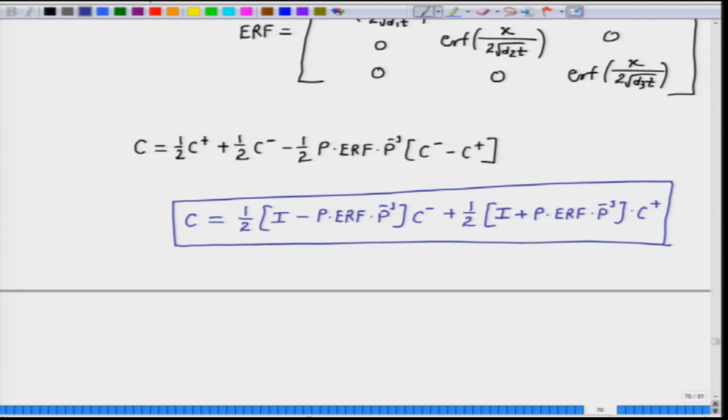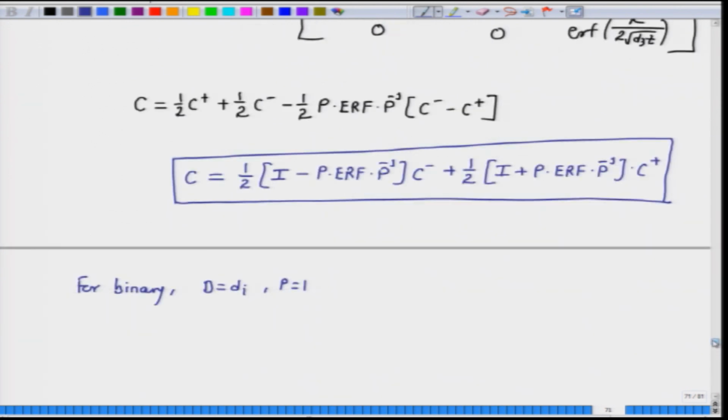Just to verify, if I apply this for a binary system, we have a single diffusivity term. So, d is the same as di; there is only one di and it is the same as the diffusivity term. Also, P is equal to 1, and we get back the solution that we have derived.